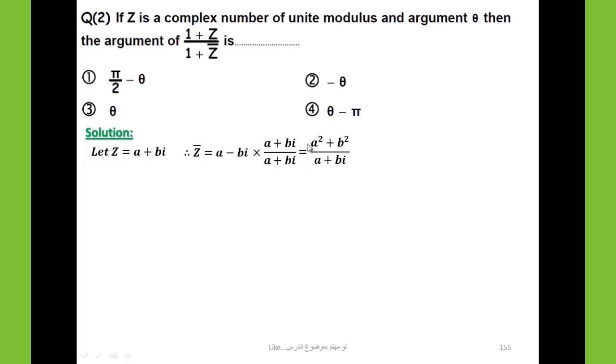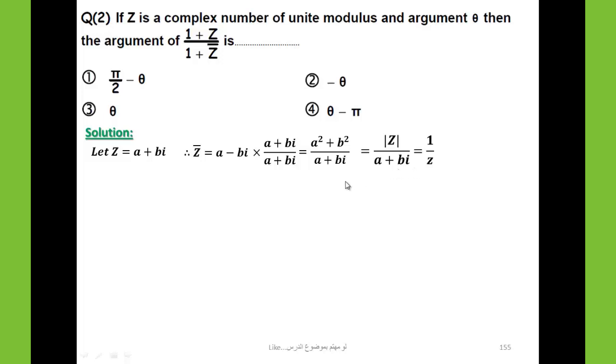But a square plus b square is the modulus of z, and the modulus of z equals unity, equal 1. So we can substitute a square plus b square equals 1, and a plus bi equals z.